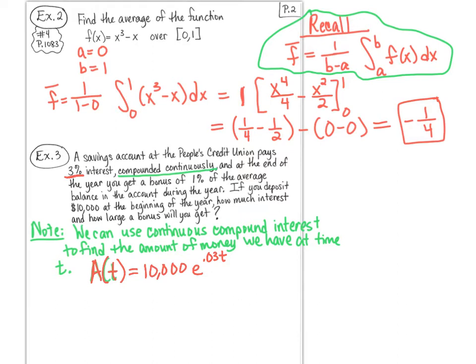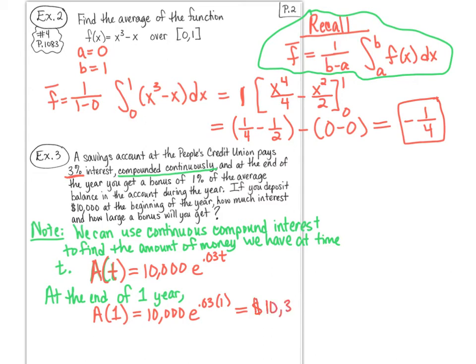Okay, now at the end of 1 year, A of 1, using our formula, A of 1 would be equal to, you would substitute in 1 for t, so you would have 10,000 e to the 0.03 times 1, and then you put that into your calculators, you get $10,304.55.